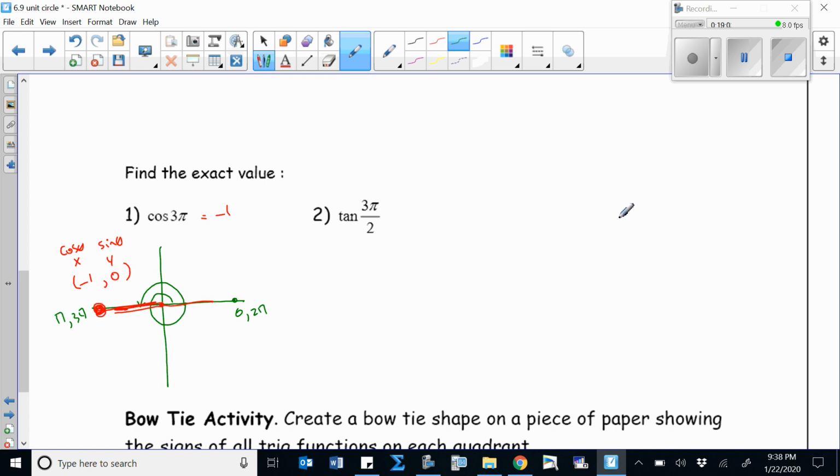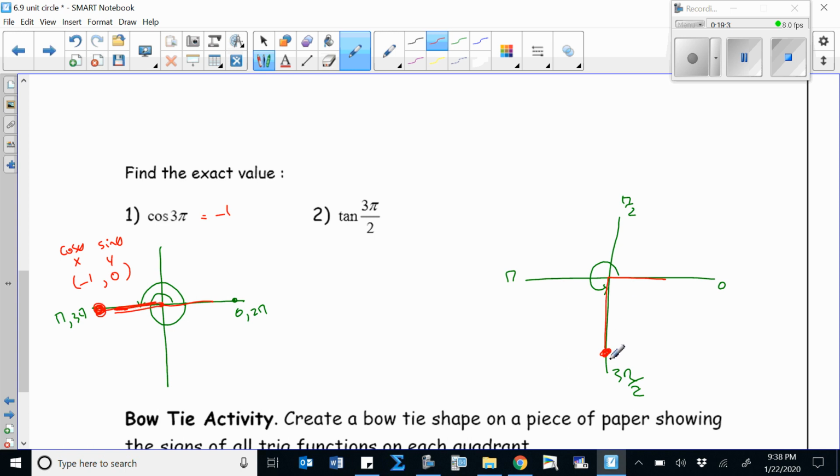Now let's do the other one. Tangent of 3 pi over 2. This is 0. This is pi over 2, pi, and 3 pi over 2. So to draw the angle, I'm going to start from here and stop at this point. This is 3 pi over 2. So the angle that I have is a quadrant border angle.